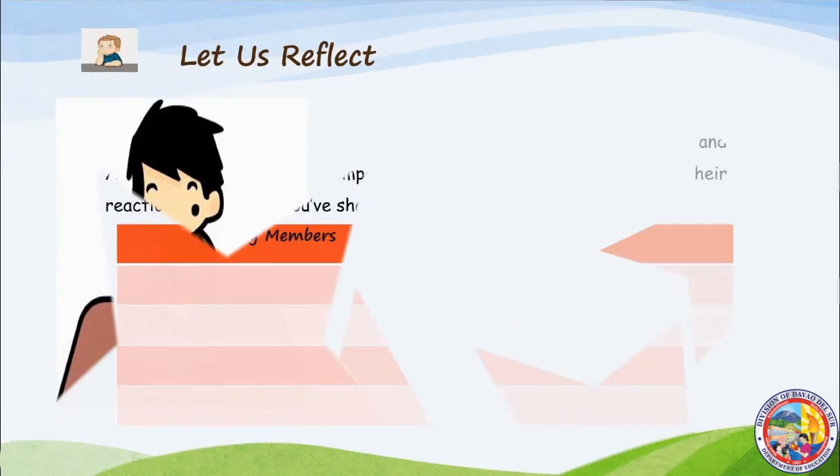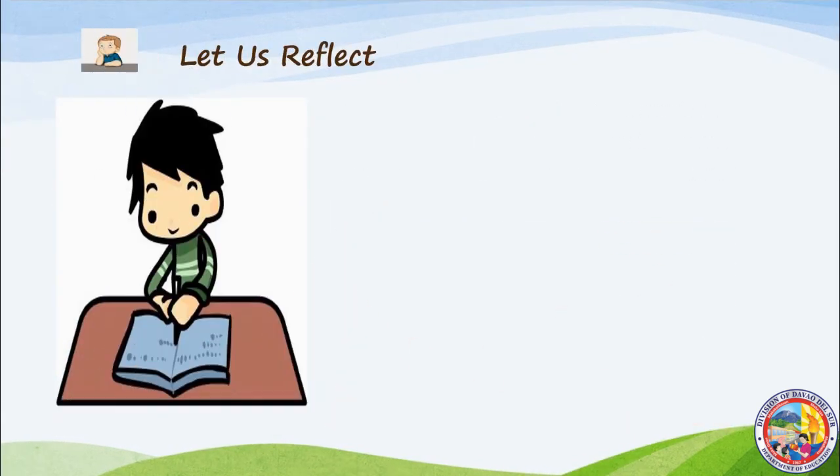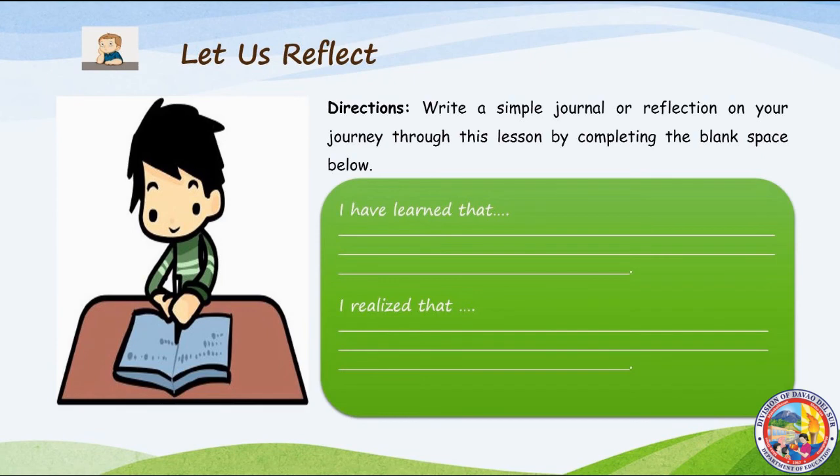To reflect on your learning about the lesson, write a simple journal or reflection on your journey through this lesson by completing the blank spaces below. I have learned that. I realized that.